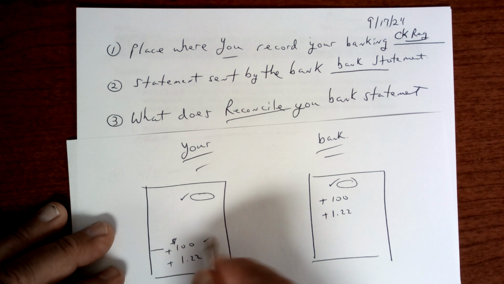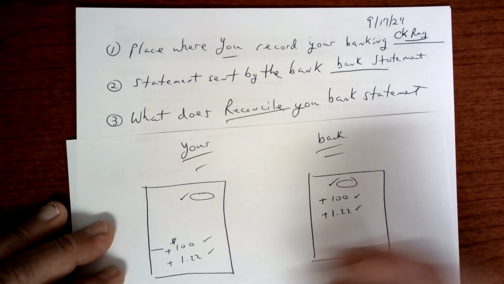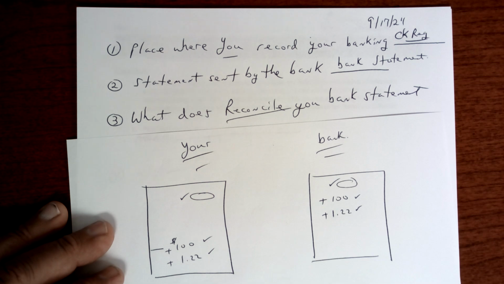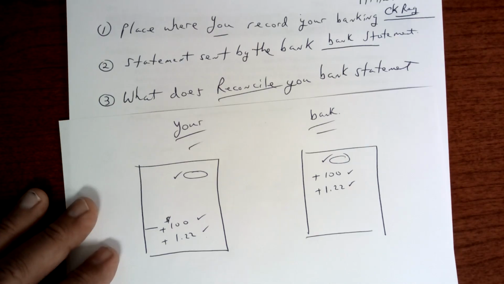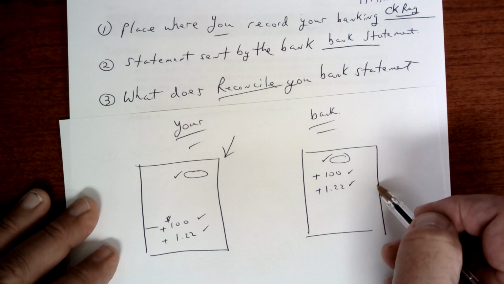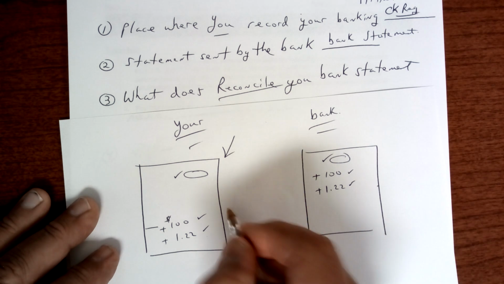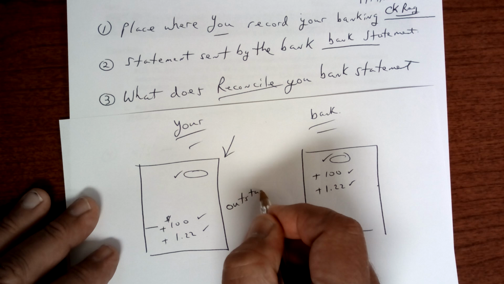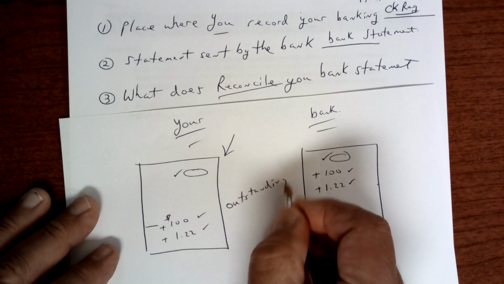And then you would check it off. Now, anything that is on your register but not on the bank statement is called outstanding. You still have to deduct that from your amount.